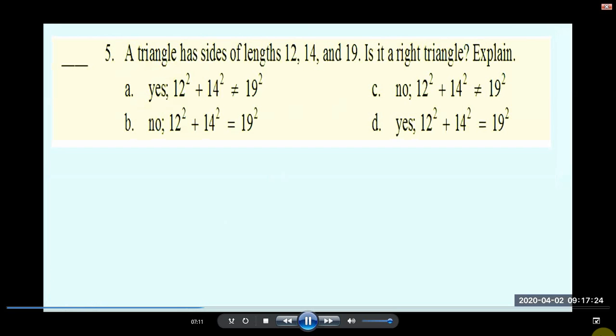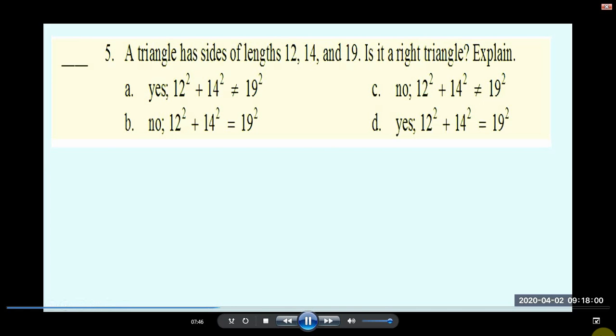When is the triangle right? Now, is this triangle right or not? If the greatest side, which is 19, squared equals the sum of the squares of the other two sides, and this condition is satisfied, then the triangle is right. Use your calculator. 19 squared equals how many? And 12 squared plus 14 squared equals how many?